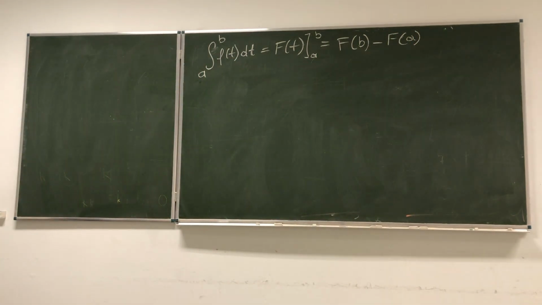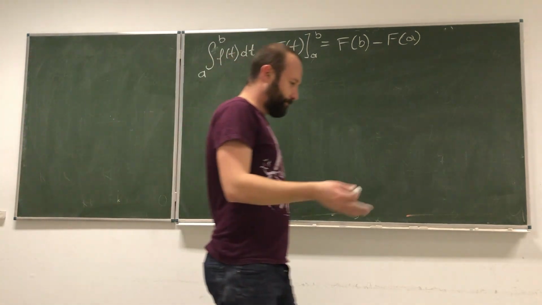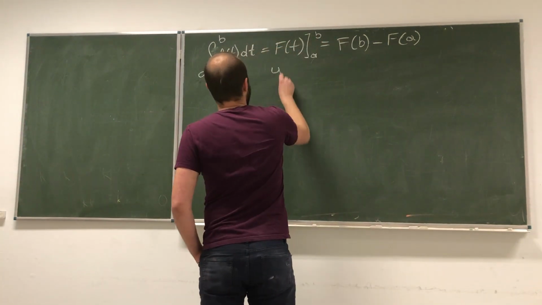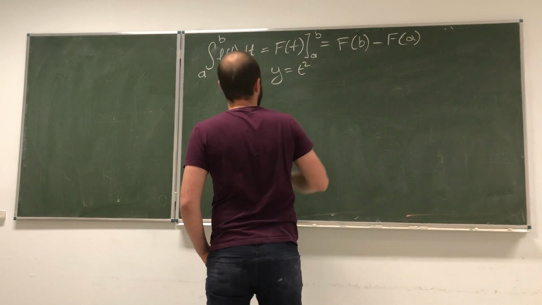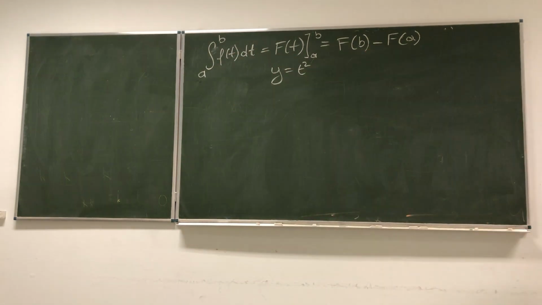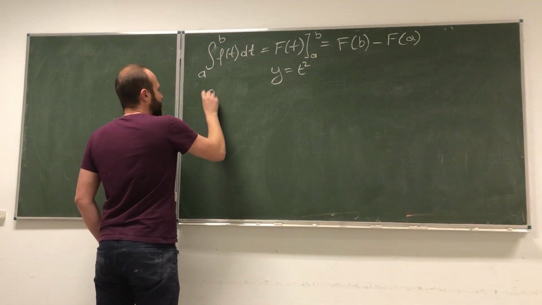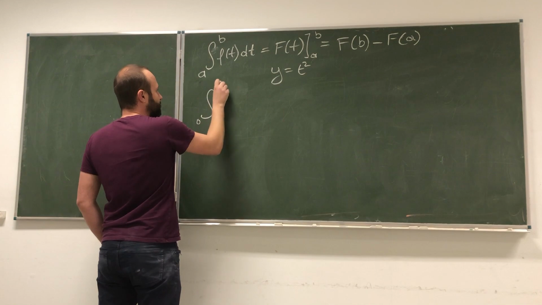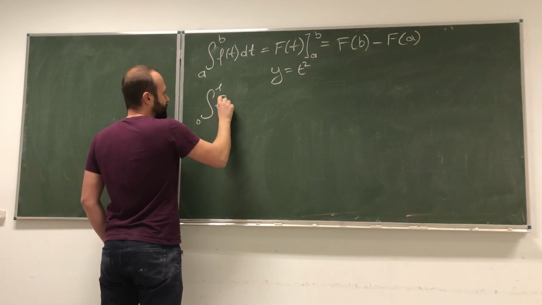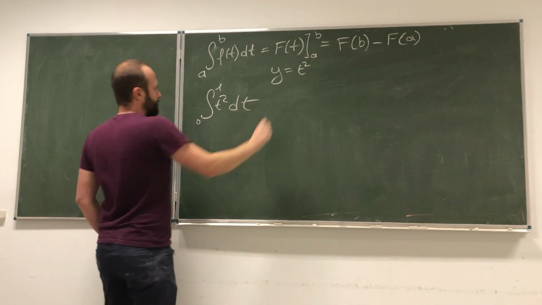Okay, again, let's use an example. Very simple. So look, I want to know what is the area below the function y equals t squared between 0 and 1. In order to find that, I need to calculate integral from 0 to 1 out of t squared dt.